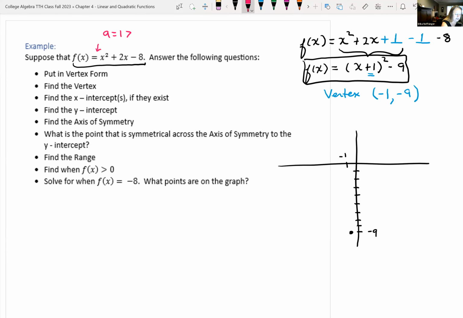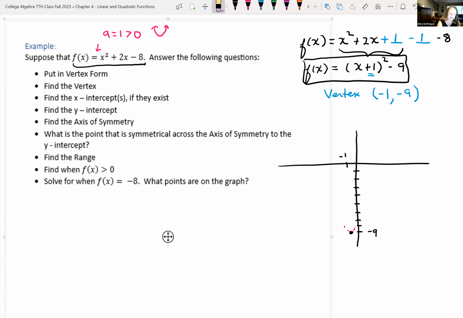This is bigger than 0, so I know my parabola faces upwards. Knowing where the vertex is and knowing what way our parabola faces, we can tell if our graph is going to cross the x-axis or not. Knowing that I'm going upwards and my vertex is below the x-axis, I must cross the x-axis.